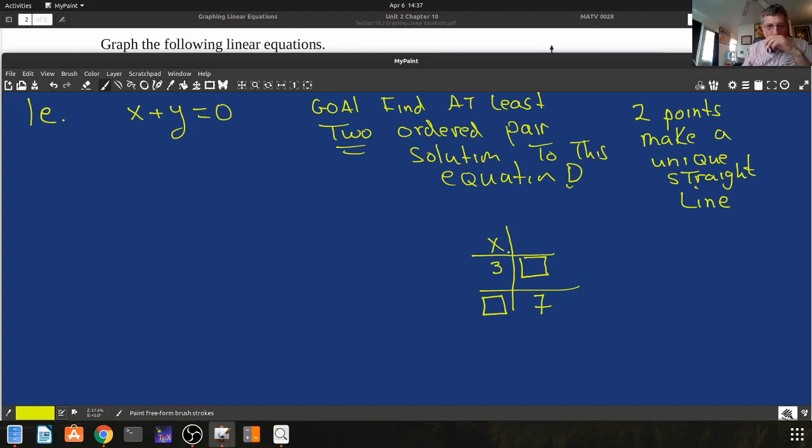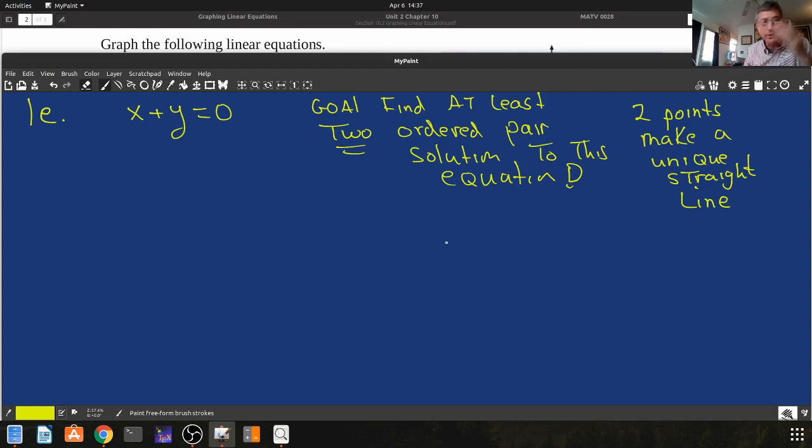And I just gave reasons for you to accept that you can do this by choosing any value of x you want, and you're able to find a corresponding value of y. Or similarly, you can choose any value of y you want, and you can find the corresponding value of x.